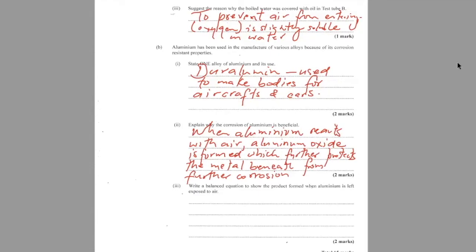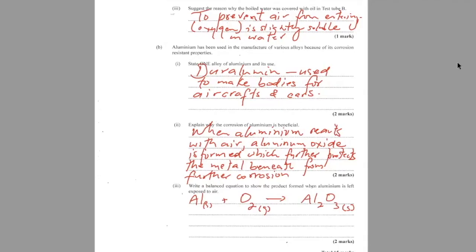Part 3, write a balanced equation to show the product formed when aluminum is left exposed to air. So aluminum is a solid plus air, oxygen, which is a gas, O2, and we'll get Al2O3, which is a solid.